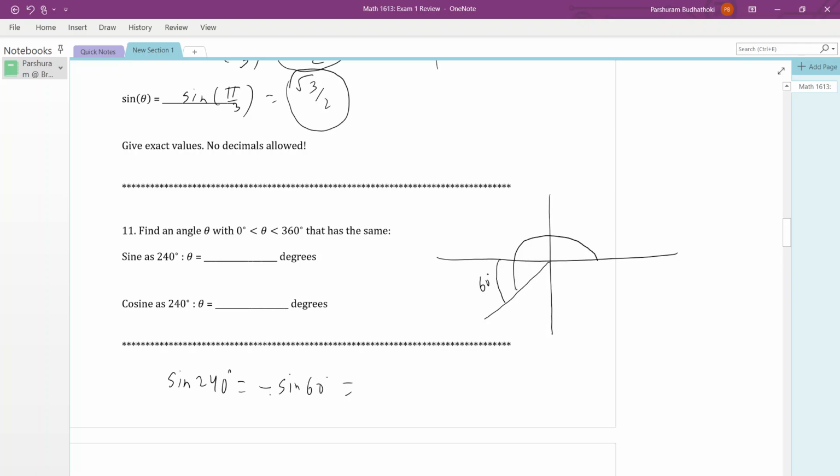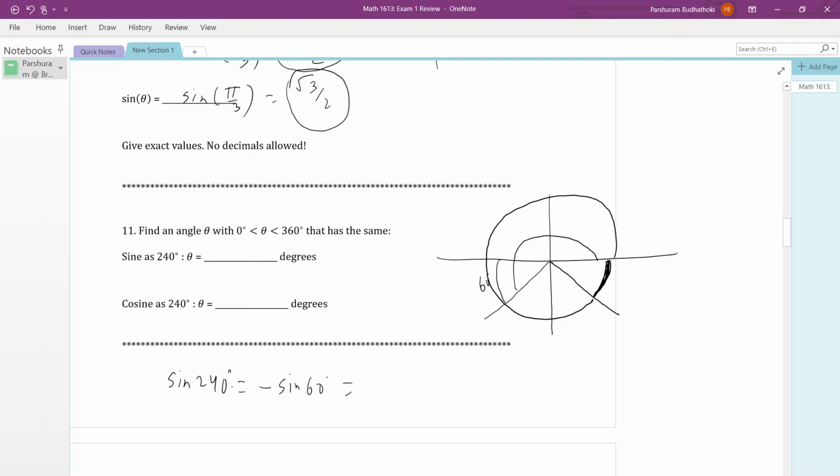So for that, if you check negative sine 60, if you measure this angle from here to here, this is basically 330 degrees.